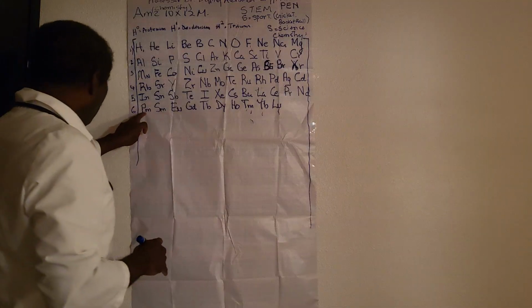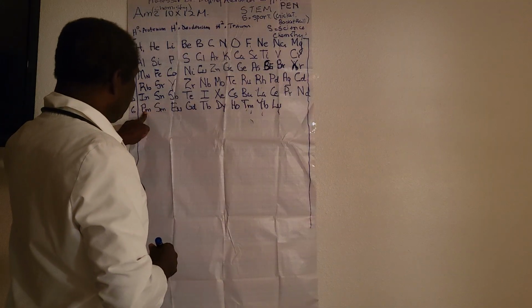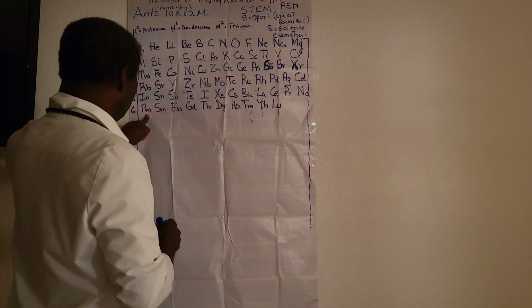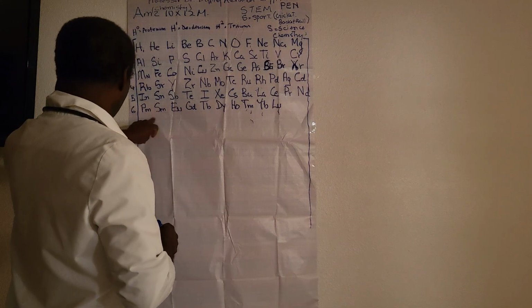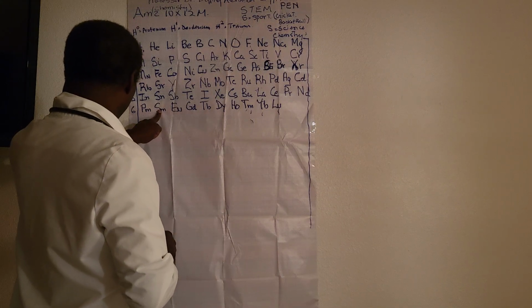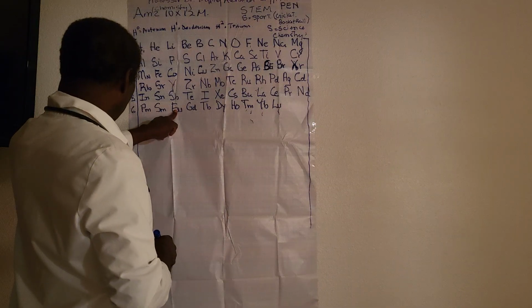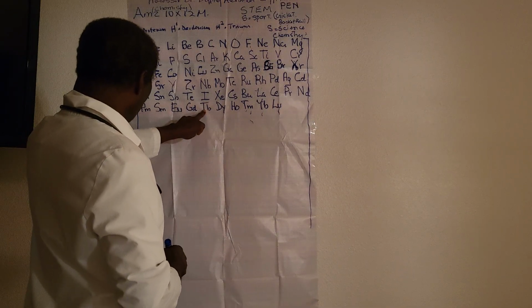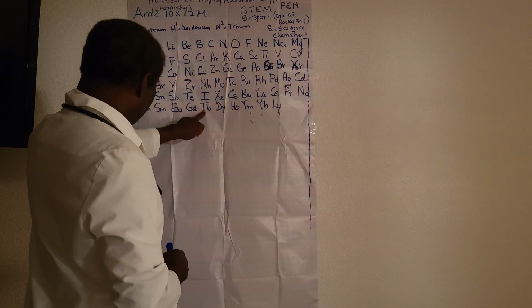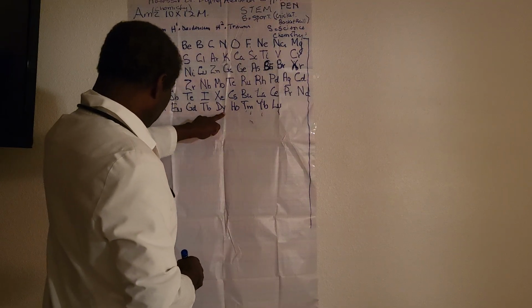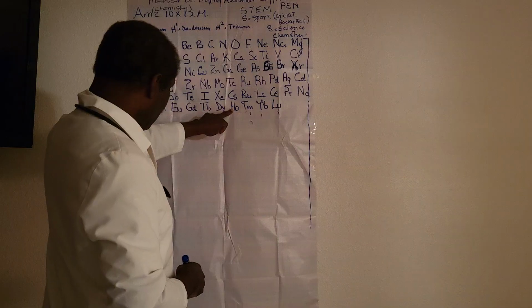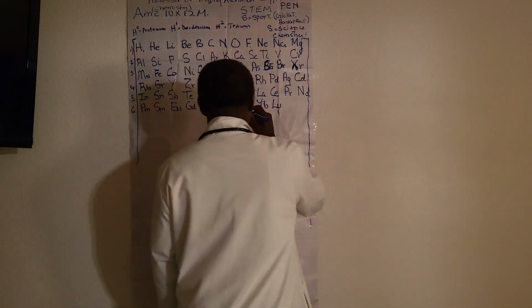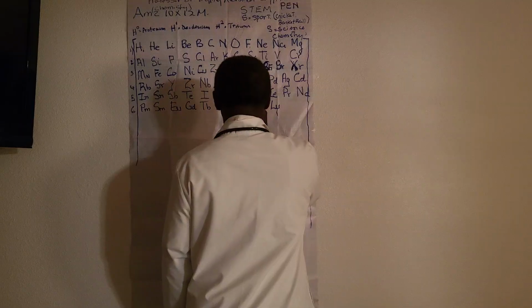So we have neodymium at 60, promethium at 61, 62 samarium, 63 europium, 64 gadolinium, 65 terbium, 66 dysprosium, 67 holmium, 68, that's where the mistake is at, erbium, ER. Let's have the erbium here.